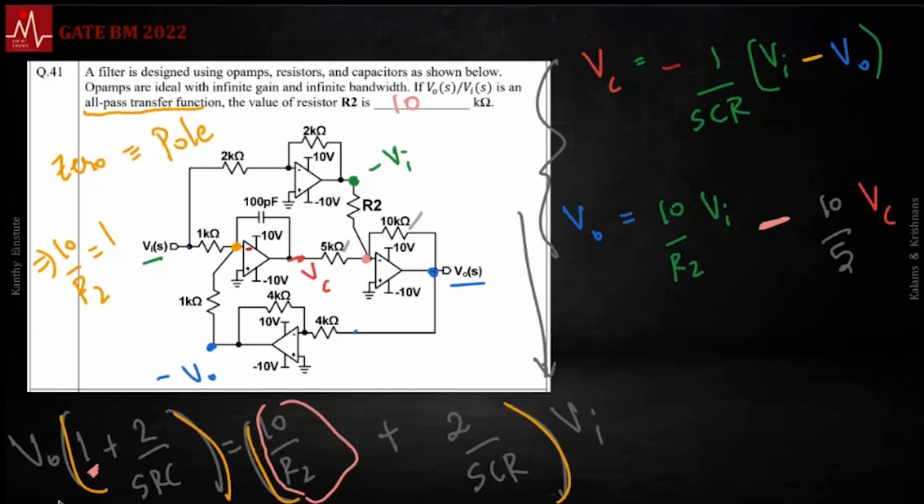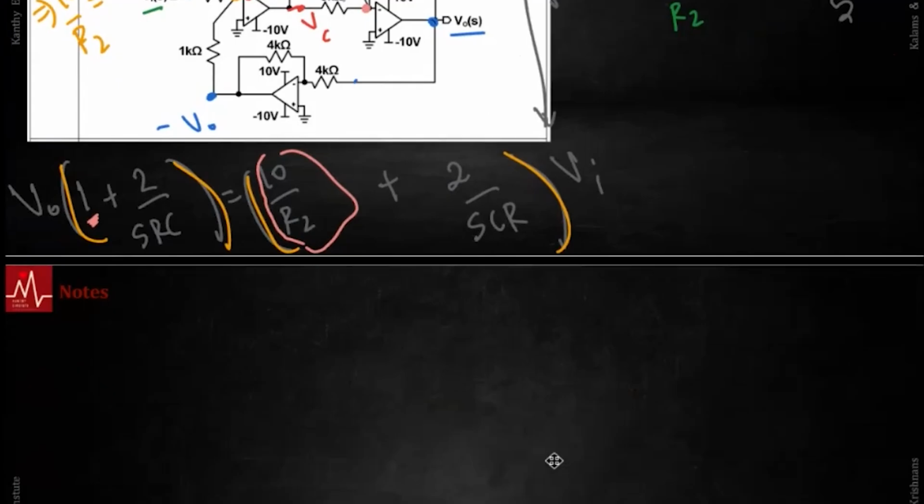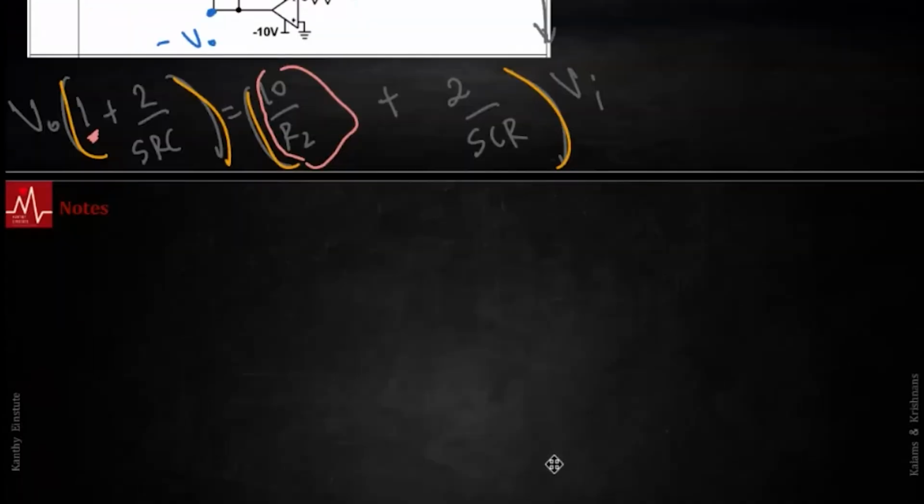I'll tidy up and rewrite this equation so that it's slightly more efficient. So I'm going to rewrite this equation. There is a bit of space here. These are only in the Laplace domain.